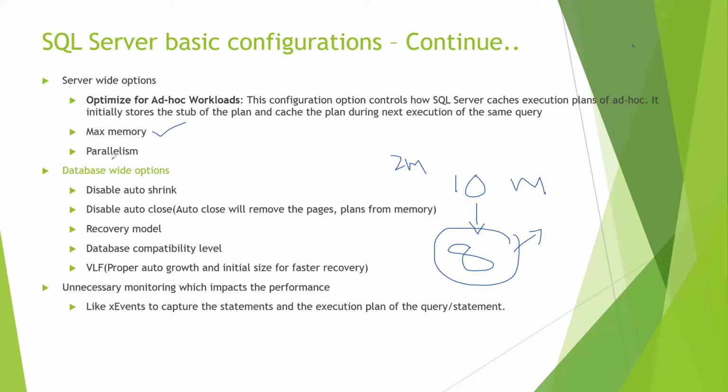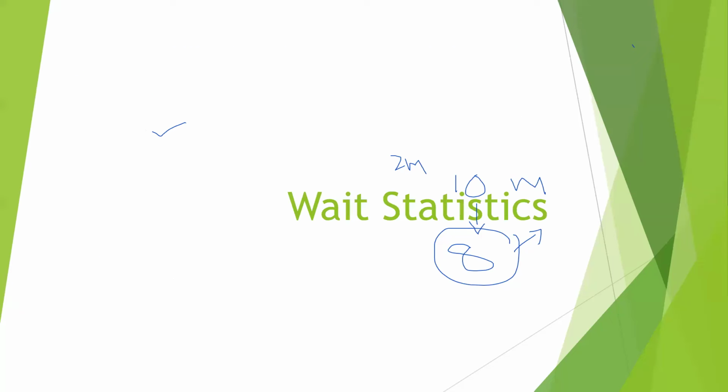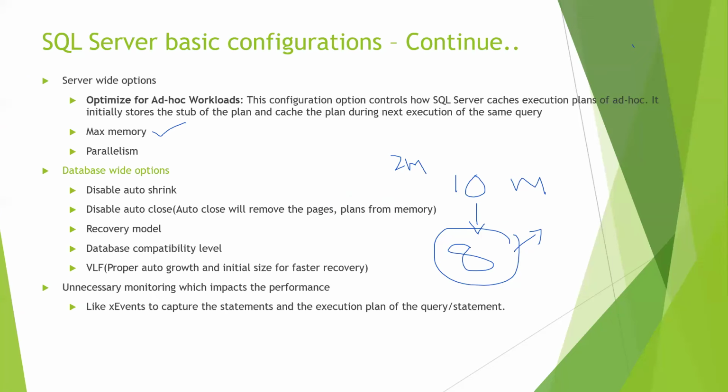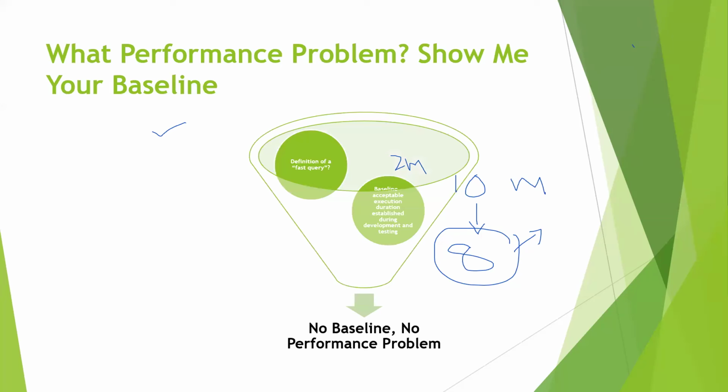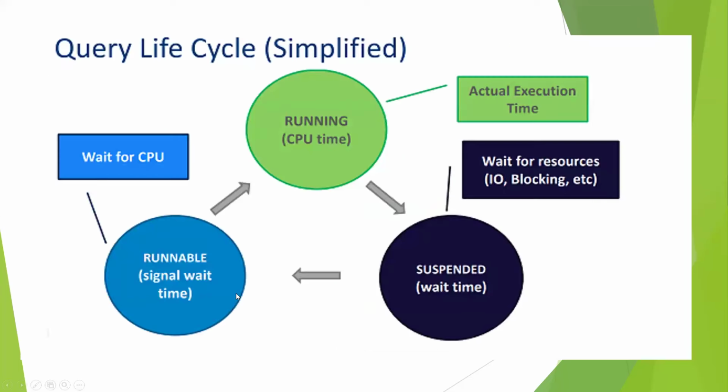That is where we need to go further in tomorrow's session. So wait statistics and what types of waits we have. I'll explain this at a high level in the first few minutes tomorrow. Then we'll go with wait statistics and understand what the wait types are. So any questions?